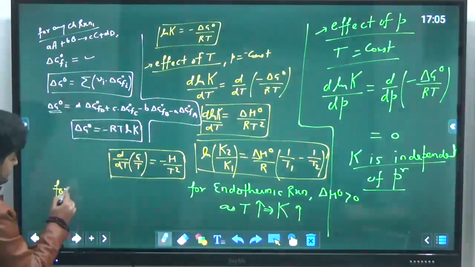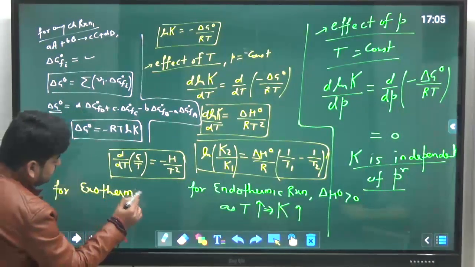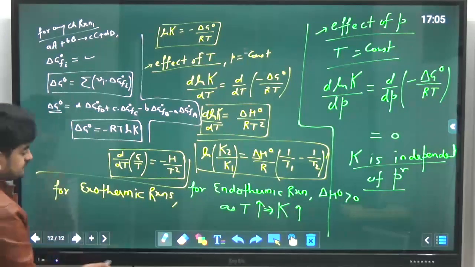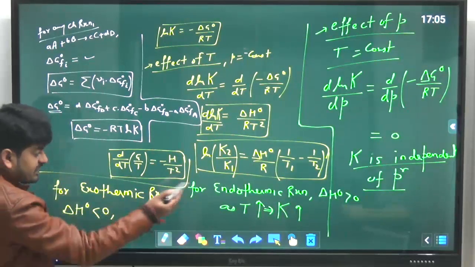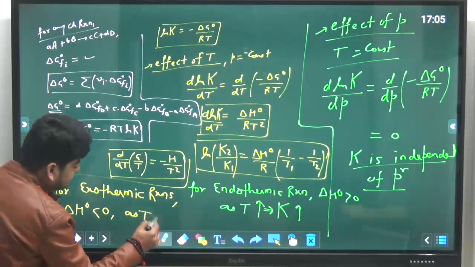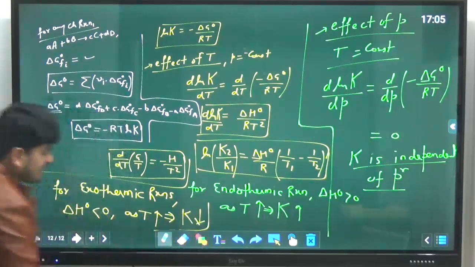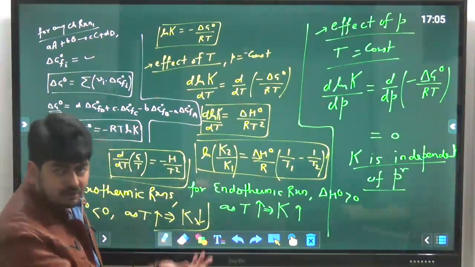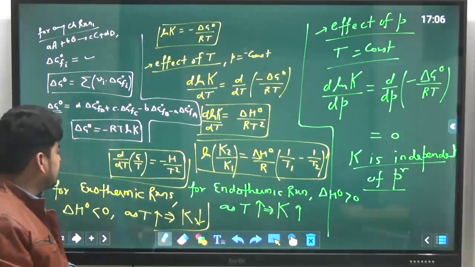Similarly, for exothermic reactions, delta H naught is negative. So you can see that as you increase the temperature, equilibrium constant K will decrease. Okay, so this is the effect of temperature on equilibrium constant for endothermic and exothermic reactions.